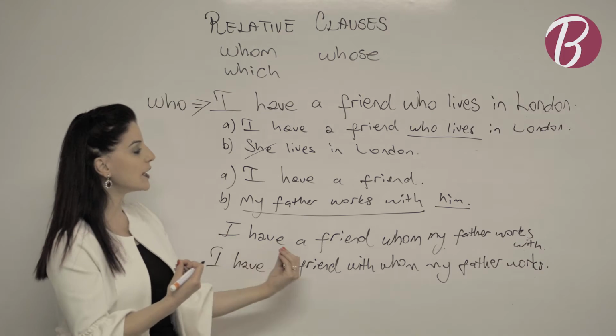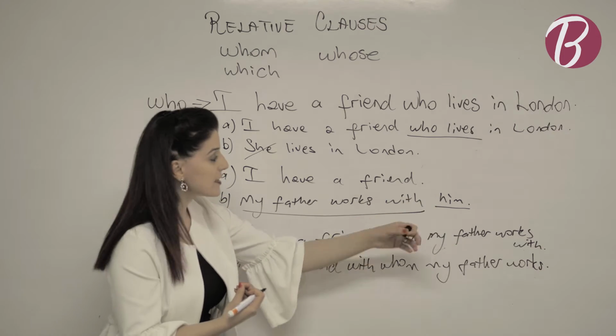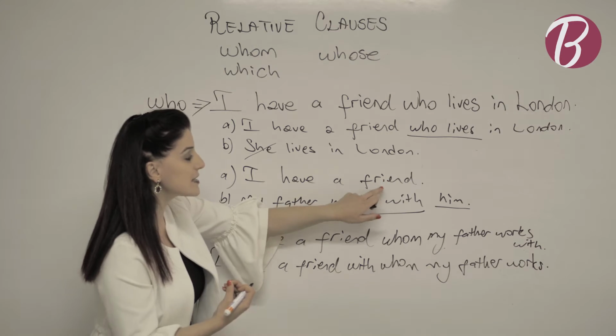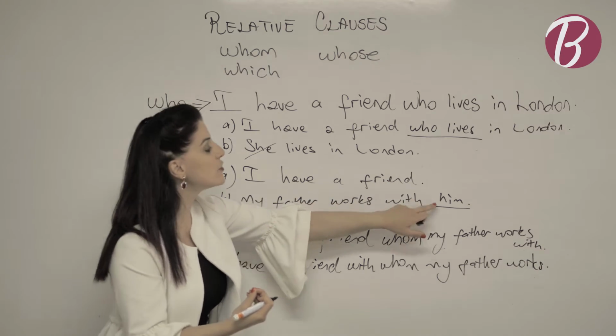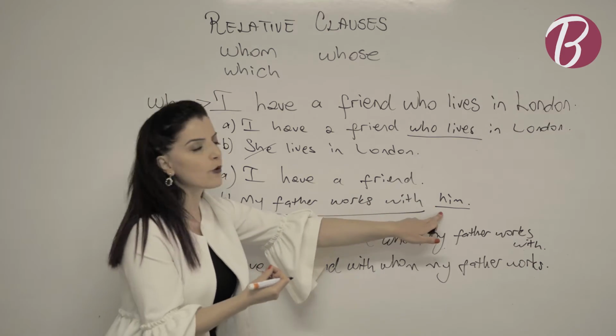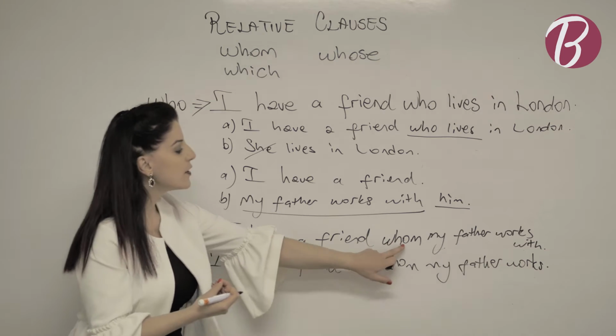If this person, this noun, is seen in the other sentence as an object, we must use: I have a friend whom.